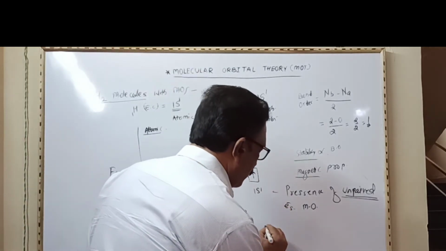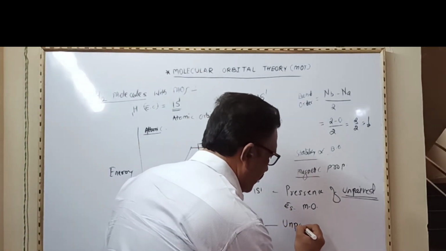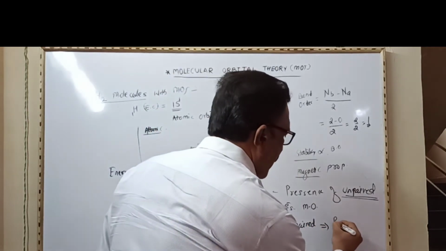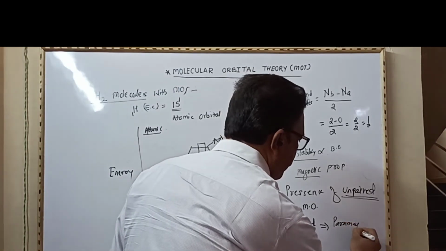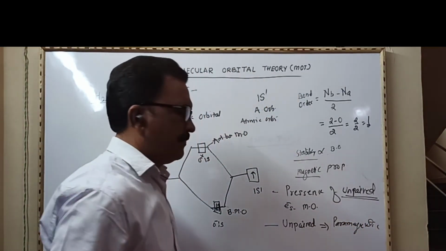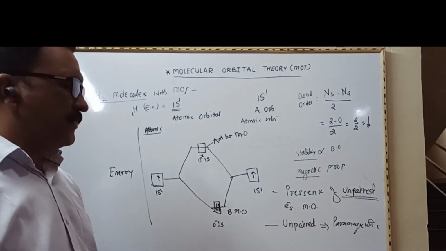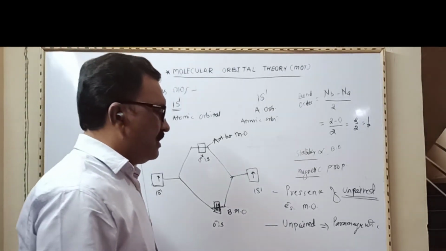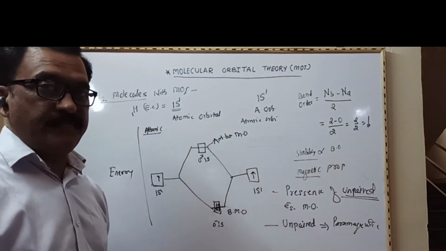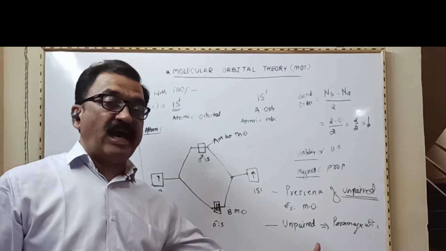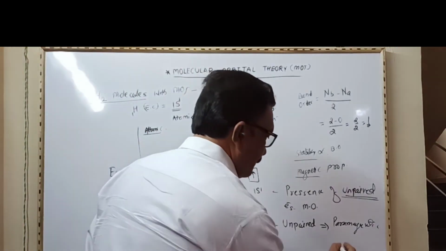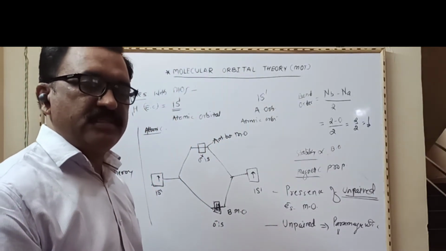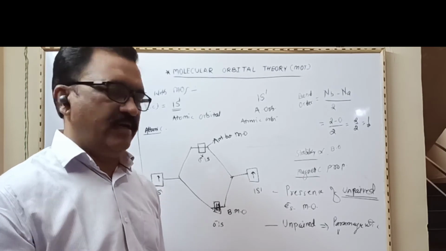When a molecular orbital has unpaired electrons, the molecule is paramagnetic in nature. Paramagnetic means these molecules are attracted towards an applied magnetic field.